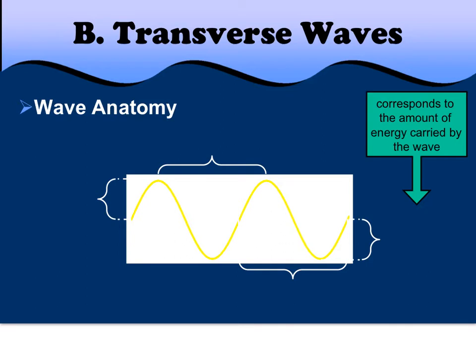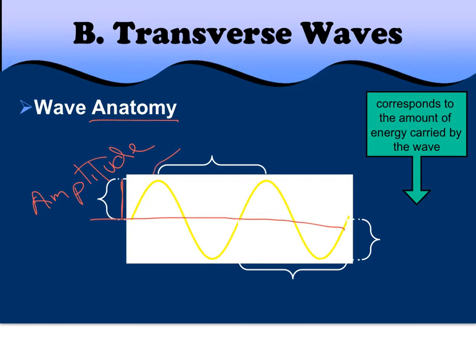You also need to be familiar with wave anatomy, and you need to be able to label the parts of a wave. In this example, we're going to first look at amplitude, which is simply the height of the wave from the center line to what we're going to call the crest of the wave.